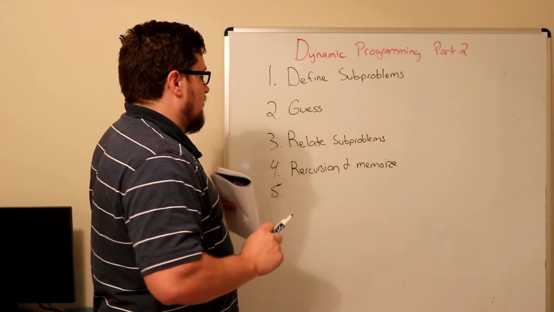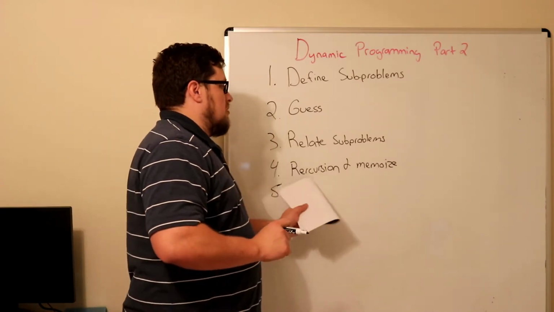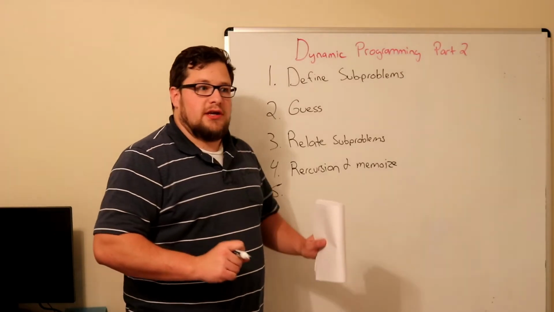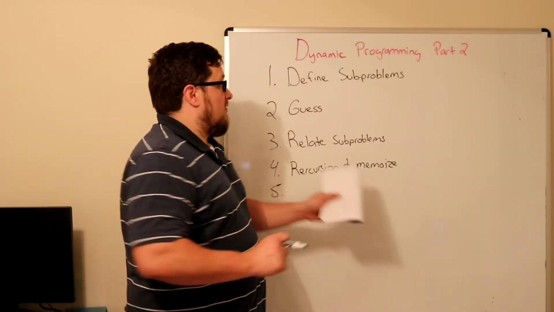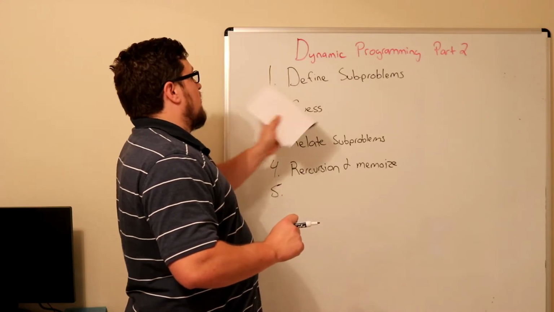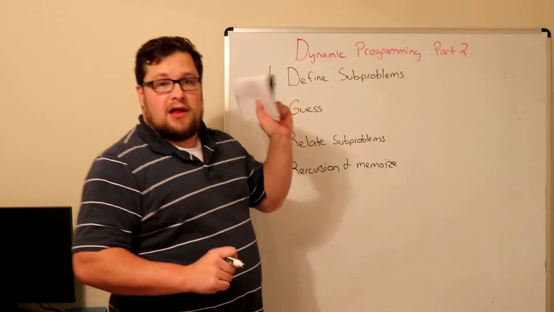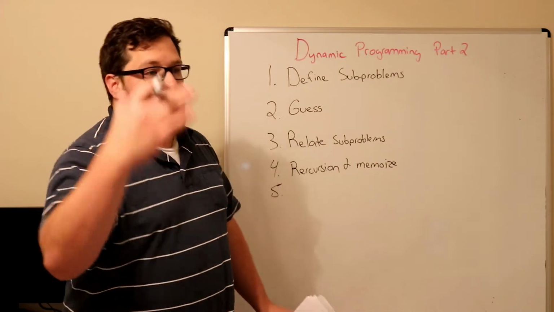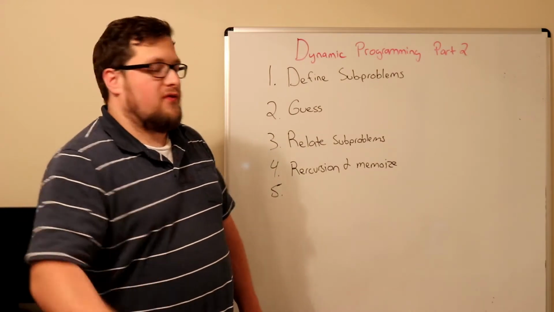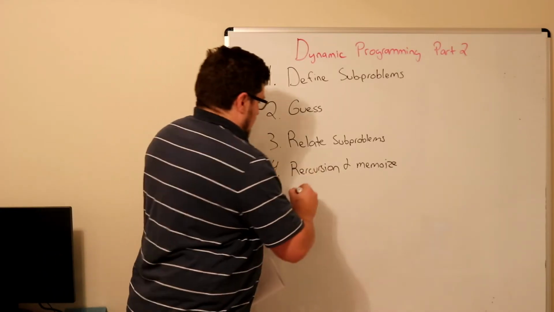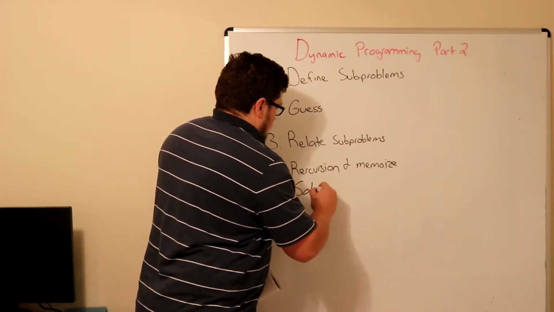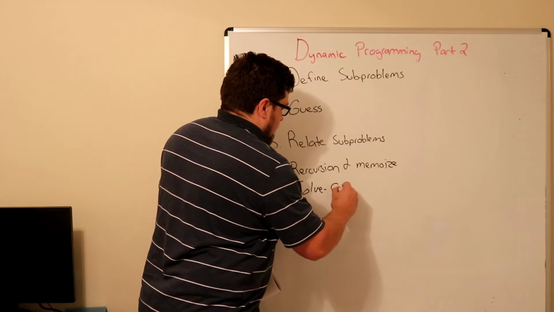We know how to relate our subproblems back. We utilize recursion and memoization. If you remember, memoization allows you to prevent, especially if your subproblems are defined well, duplicating your subproblems over and over again. And the fifth one is really just solve or complete.